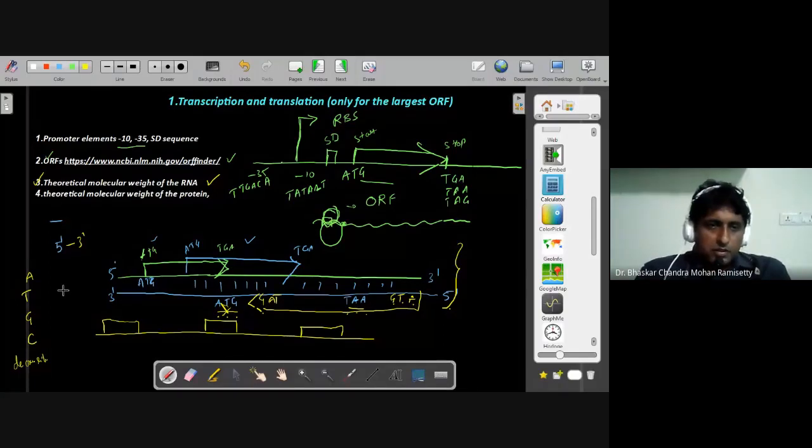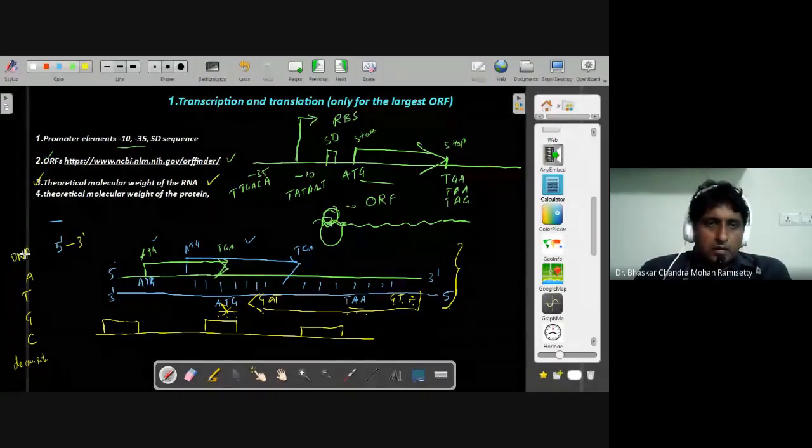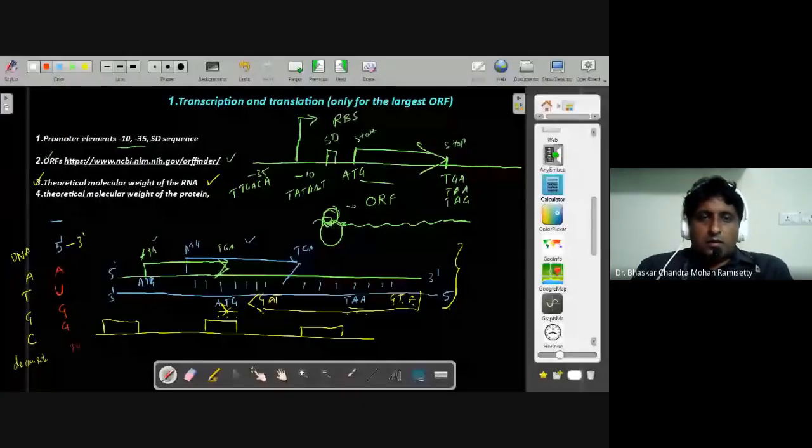I'm trying to write the commonalities and differences. This is for DNA. And RNA also has A. It doesn't have T; instead of thymine, it has uracil. It has G, it has C, and it has ribose.